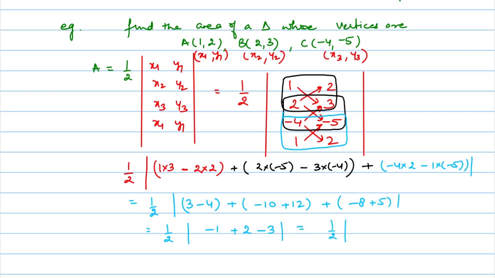Half of this is -4 plus 2, which is -2. But what does the mod do? It gives you a positive output. Half into 2, therefore 1 square unit. Therefore the area of the triangle formed by these three coordinates is 1 square unit. Had this value been 0, then we would have said that these three points are collinear.